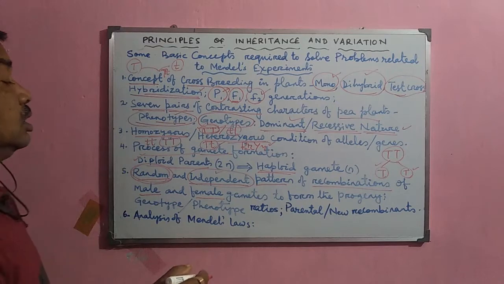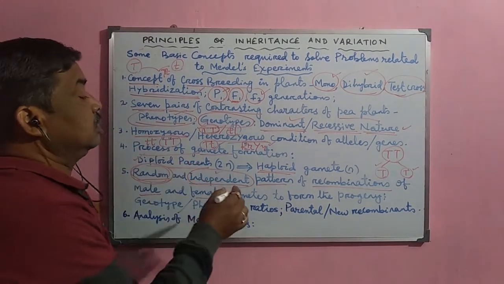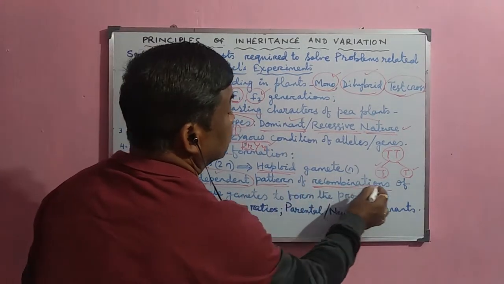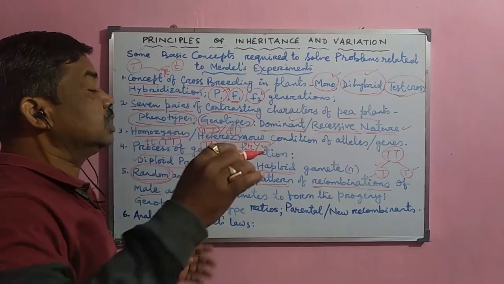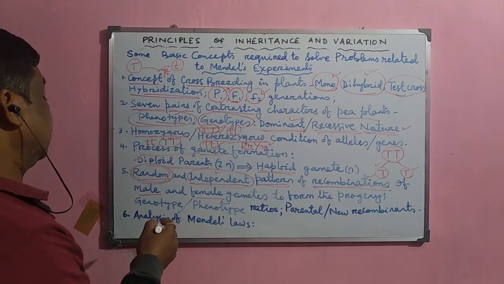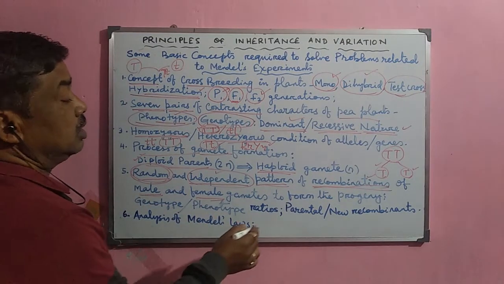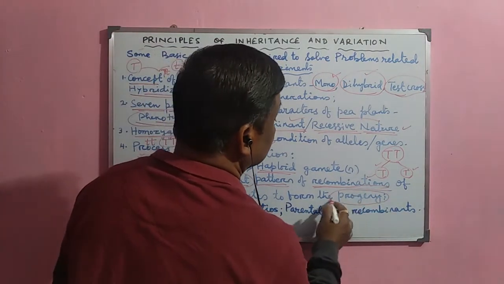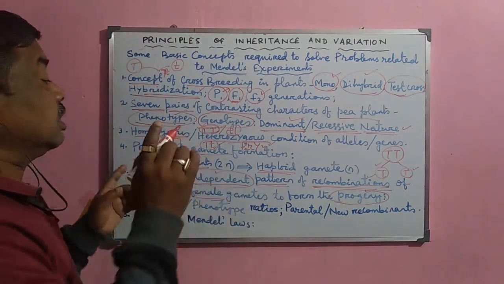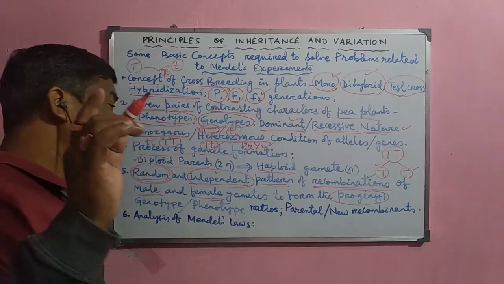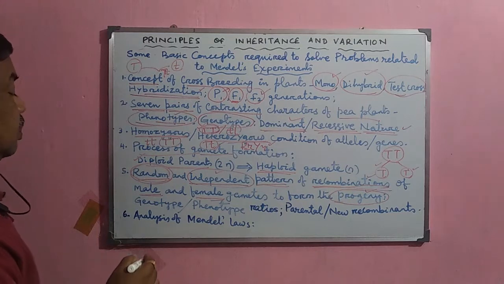So this concept of random and independent fusion must be understood. The male and female gametes recombine together to form a new recombinant, and form the progeny. This progeny has the genotype and the phenotype according to the fusion of the male and the female gametes. So this concept must be clear to the students so that they will not face problems there.